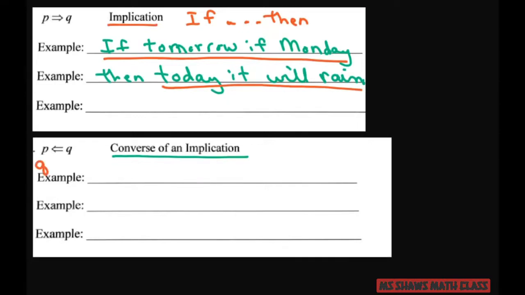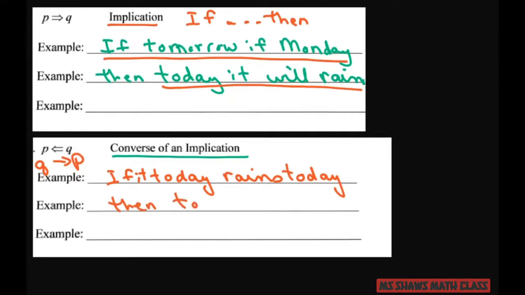It's kind of like, if Q, then P. So you would write, if it rains today, then tomorrow will be Monday. So what you have to know for the logic is basically the vocabulary here.